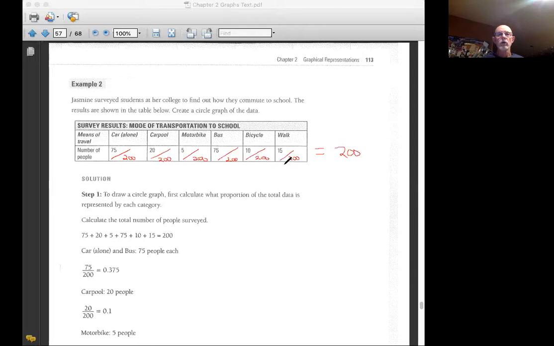So for example, 75 divided by 200 is 0.375. 20 divided by 200 is 0.1. 5 divided by 200, I can't see that dot, can you? 0.025.